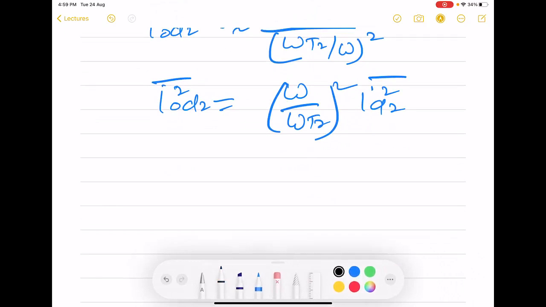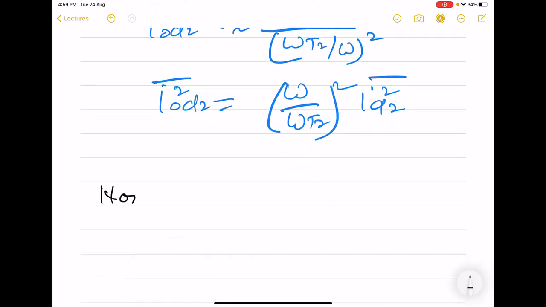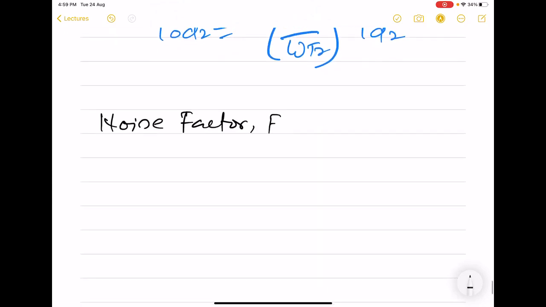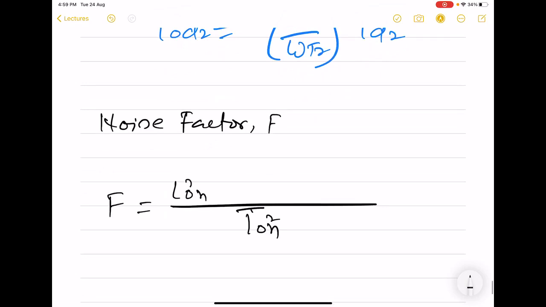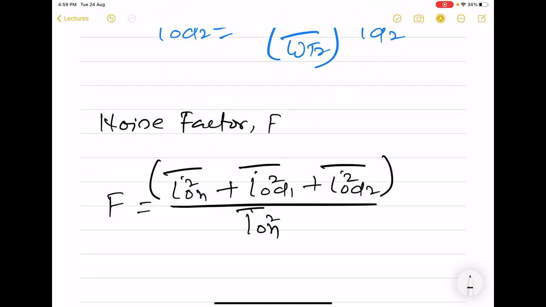So now we can finally find out the noise factor. So total output noise power is going to be proportional to the sum of these mean square currents divided by output noise power only due to RS, which is proportional to this quantity.